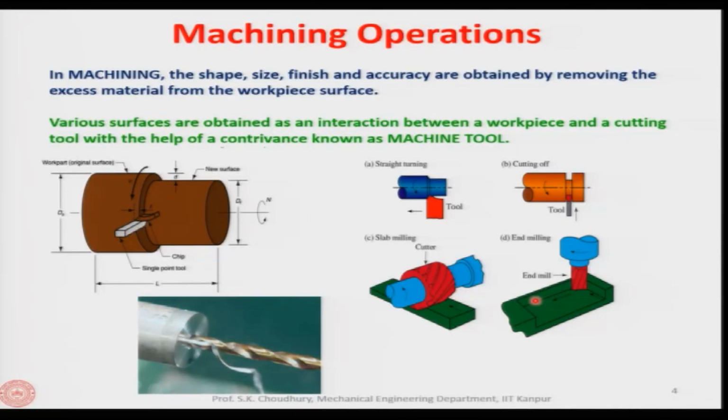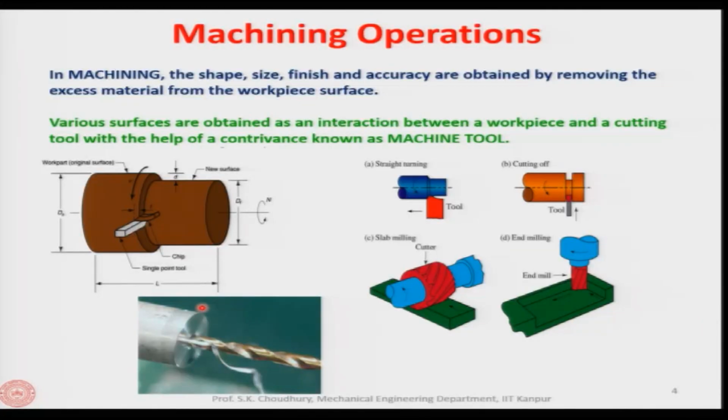The flat surface we can get from milling, okay, either slab milling or end milling as it is shown here, or we can also get it by turning. Let us say during the turning process, if the tool is fed perpendicular to the workpiece surface, we will get a flat surface which we call facing, okay, as you know.